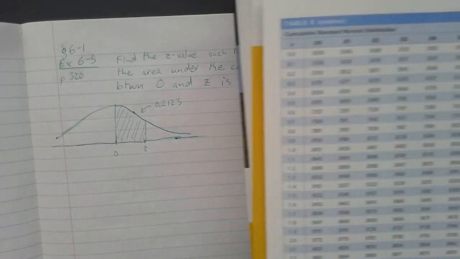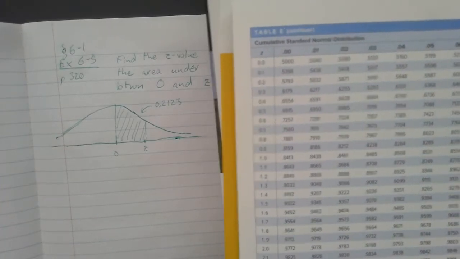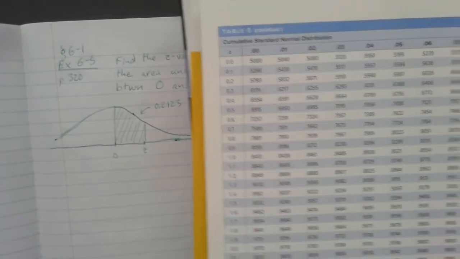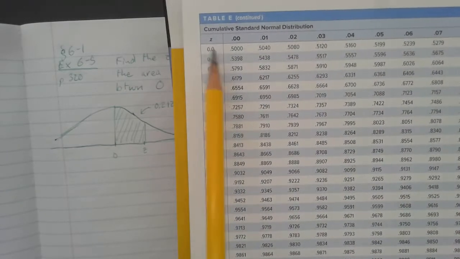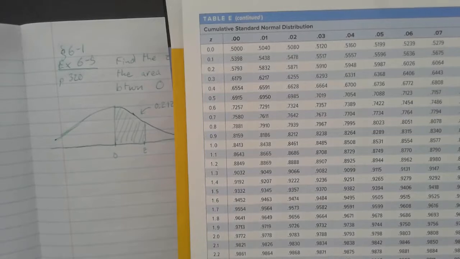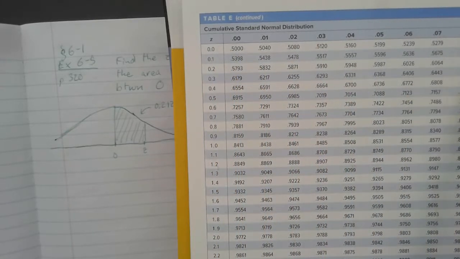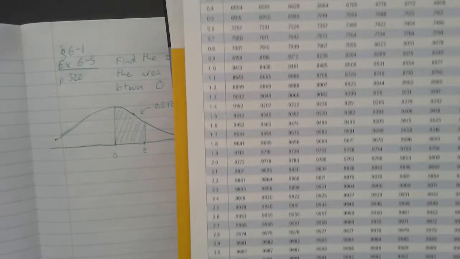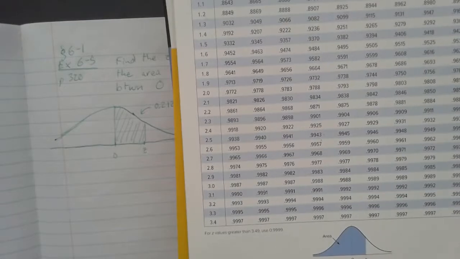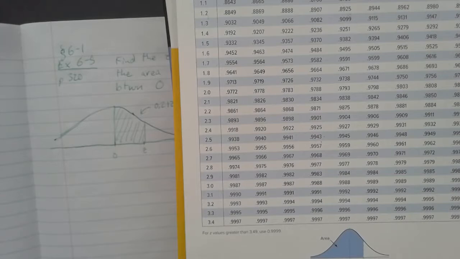So when we were finding the area, we started with our z, so we fed in the ones and tenths and then the hundredths, and then found within here the area, right? These are all left areas, to the left of our z value.